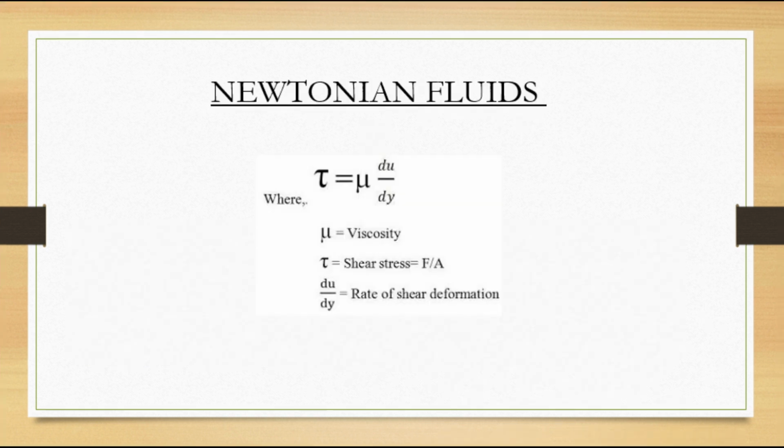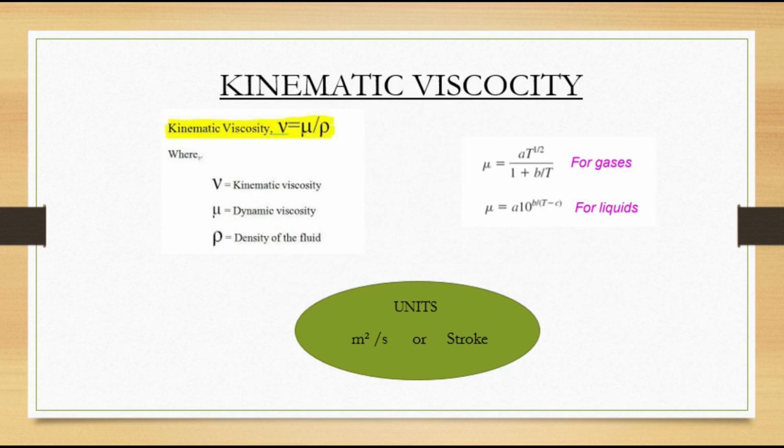There are two main formulae in this subtopic. First is Newtonian fluids. This is the Newtonian fluids formula. Mu is the viscosity, tau is the shear stress, and du per dy is the rate of shear deformation. Second is kinematic viscosity.